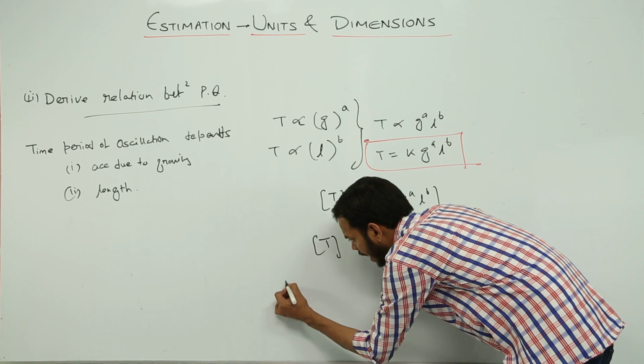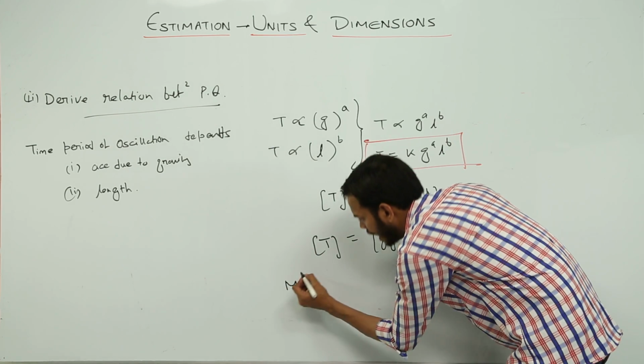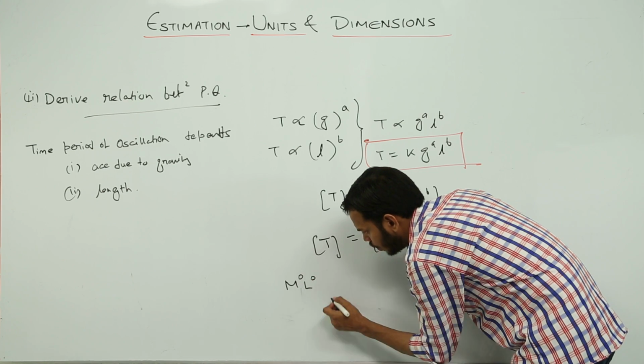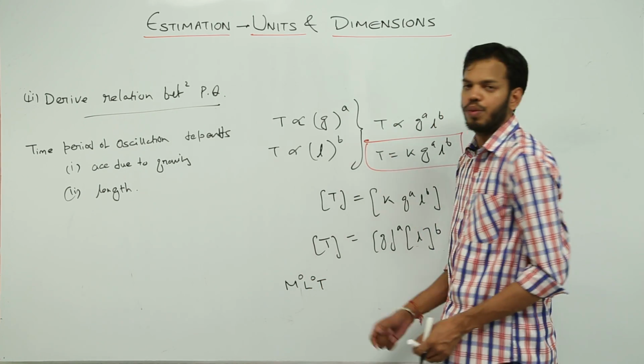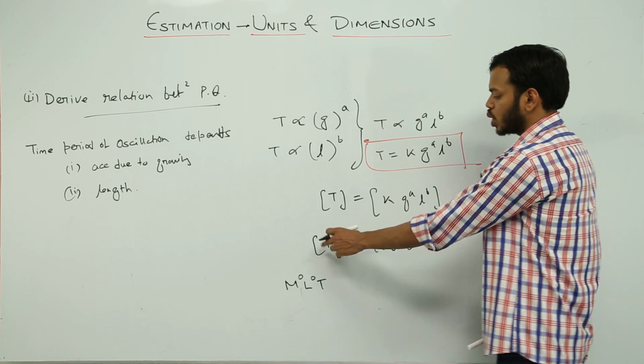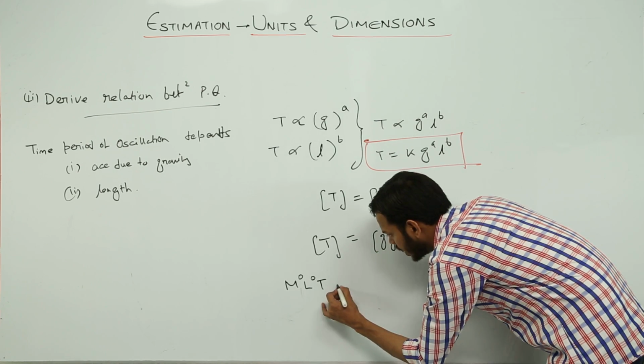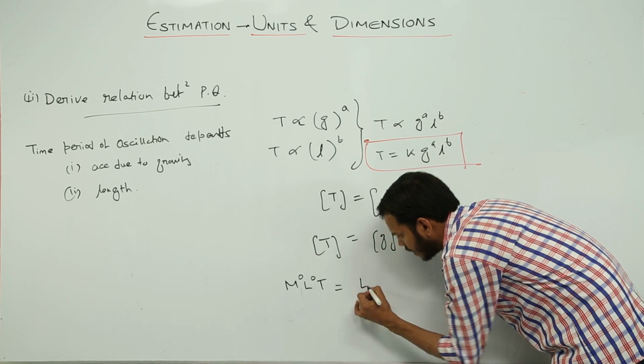T is M^0 L^0 T^1. Mass is not included in time period, so M raised to power 0, length is also 0, and T raised to power 1. We don't write 1, we just leave it like this because it obviously symbolizes 1. So M^0 L^0 T, this is what time period is. g is acceleration due to gravity.